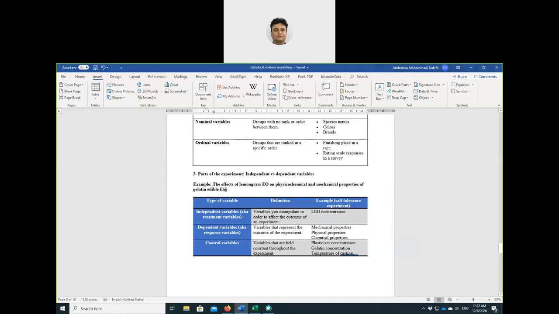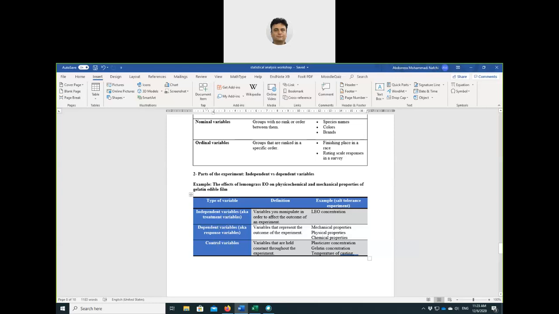For example, here: the effects of lemongrass essential oil on physicochemical and mechanical properties of gelatin edible film. This is one research where I am looking at the variables. Here we have the independent variable, or treatment variable, or predictor variable. This is the dependent variable, or response variable. And we also have control variables.